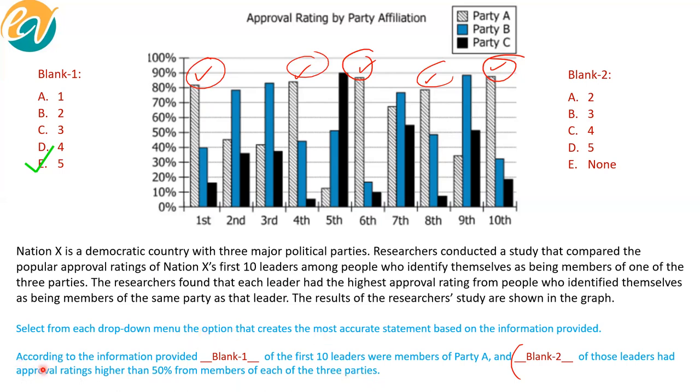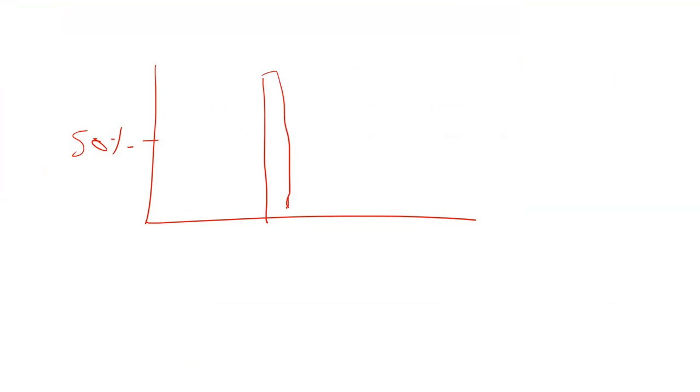So essentially what we were looking for is, I'm just hypothetically showing this. For example, if there was a leader who had, if this was 50%, something like this.